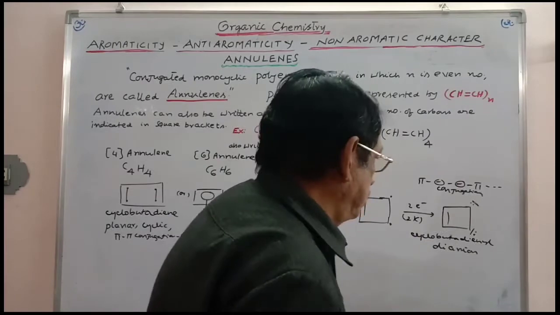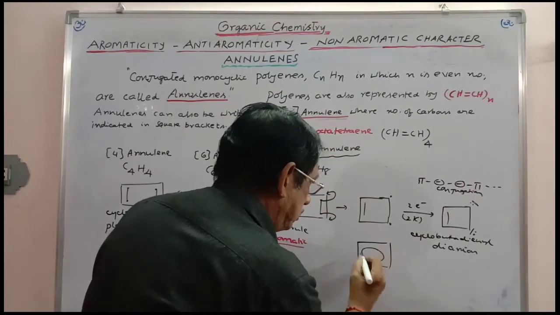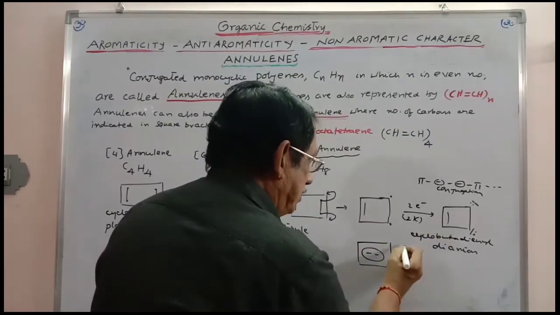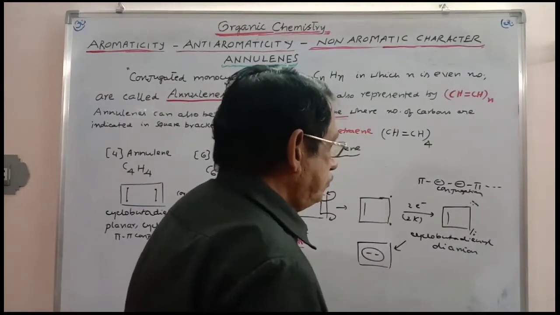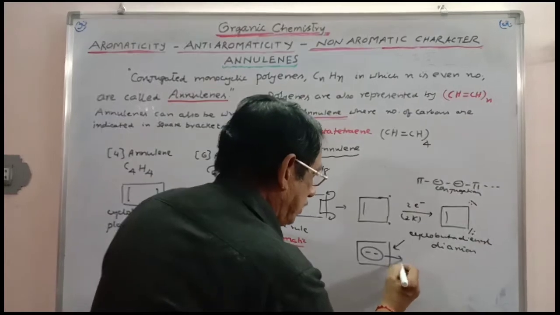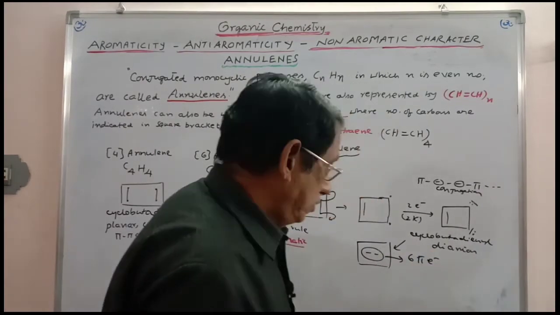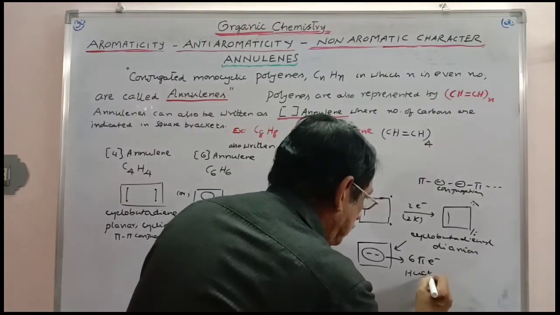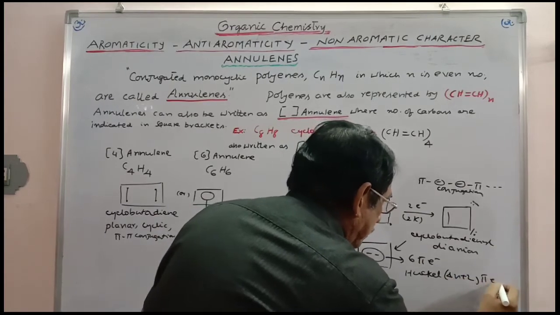When it is delocalized, we can write the structure like this. This is the cyclobutadienyl dianion. How many electrons are there? 2 plus 2 plus 2. So this now has 6 pi electrons. What does it mean? It is satisfying Huckel's 4n plus 2 pi electron rule.